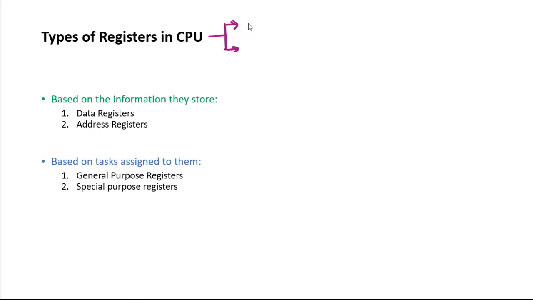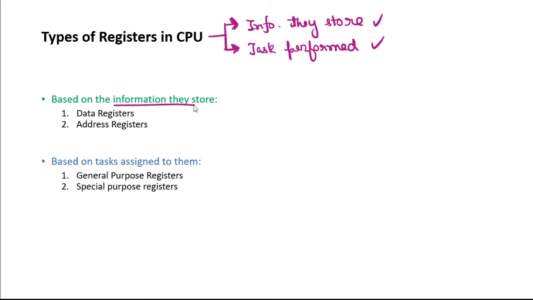Those aspects are the information the register stores and the task it performs. Each register is categorized based on these two things: information they store and task they perform. So let's start discussing the register types based on the information they store.